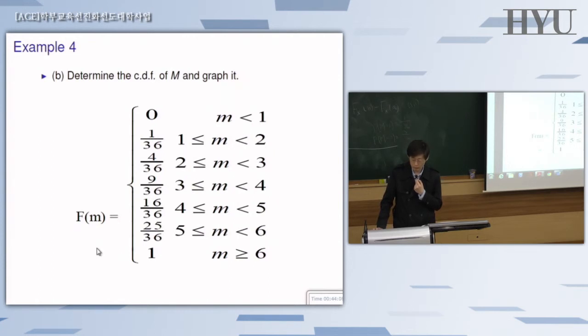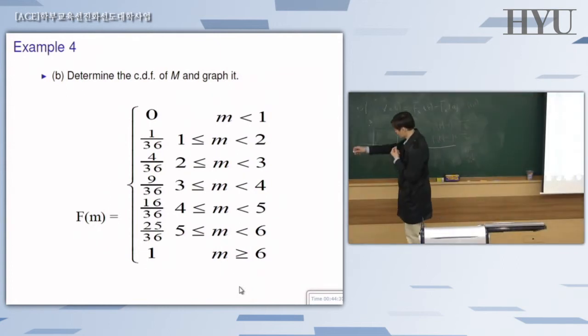Again, the two important characteristics of the CDF: those subintervals must include equality on the left-hand side. The last one, you can just take the mirror image of this, put 6 on the left, and the direction of inequality will switch from left to right.